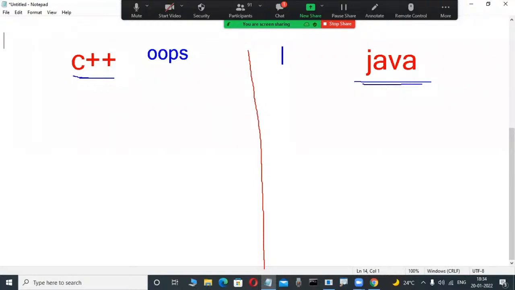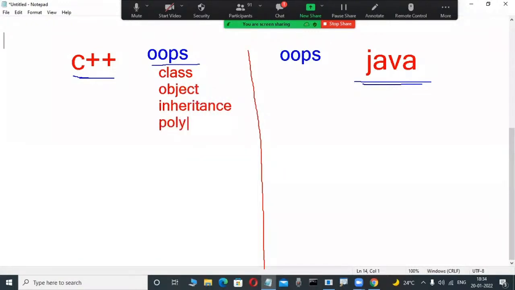Here also OOPS concepts are there. Maybe some fellows have an idea which ones. Class is a concept. Object is a concept. Inheritance is a concept. Polymorphism is a concept. Maybe so many fellows have an idea.